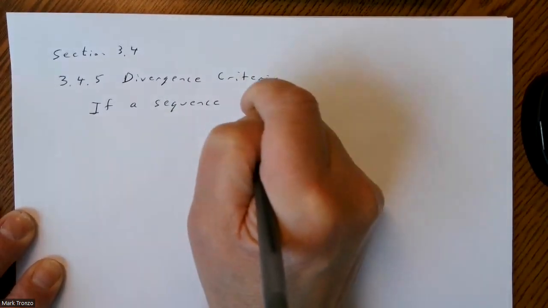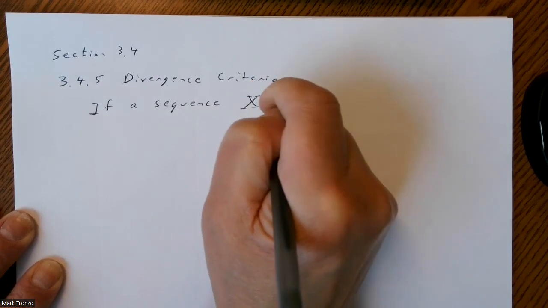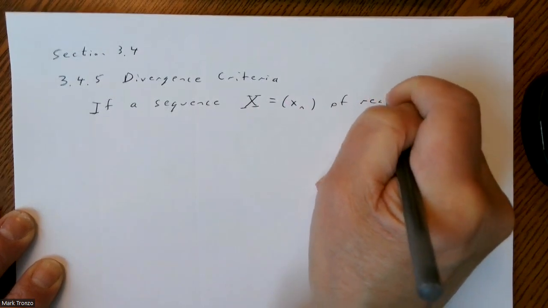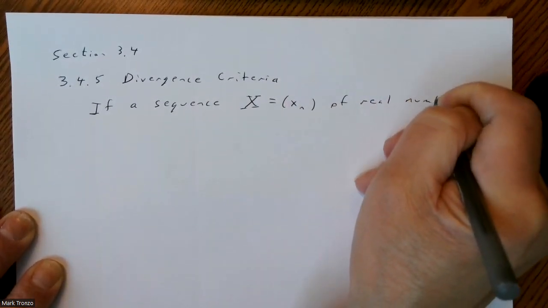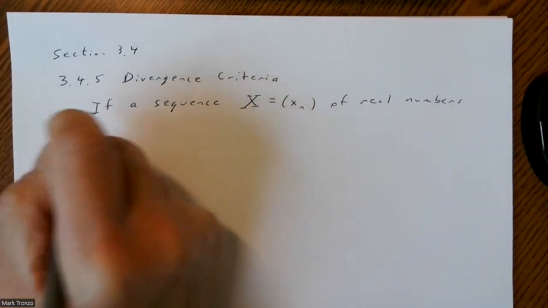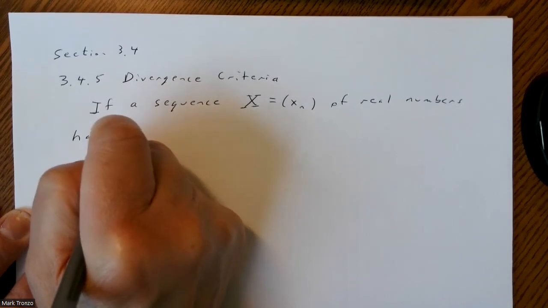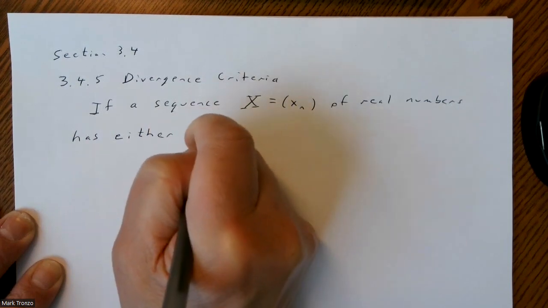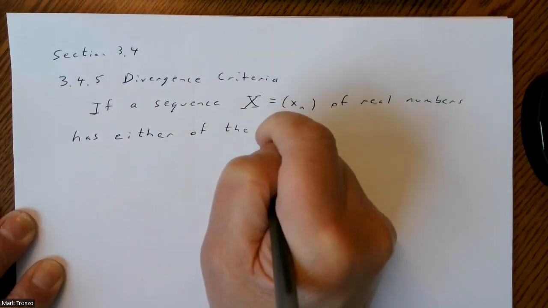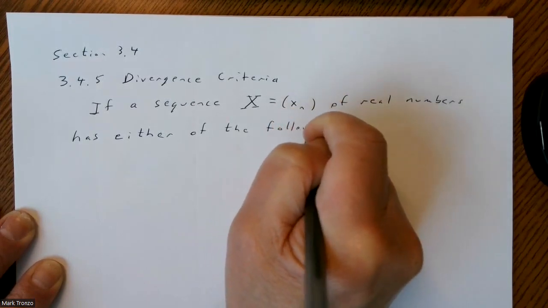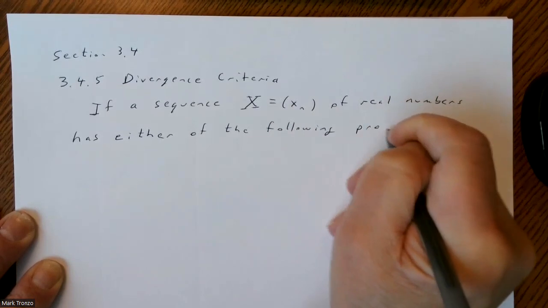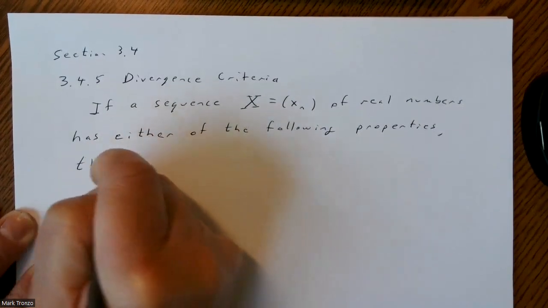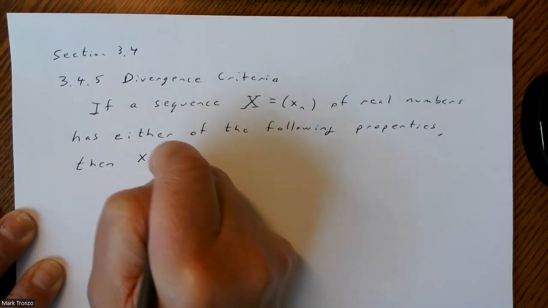Have a sequence X of real numbers. If X has either of the following properties, then X is divergent.